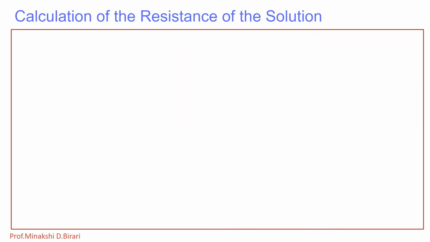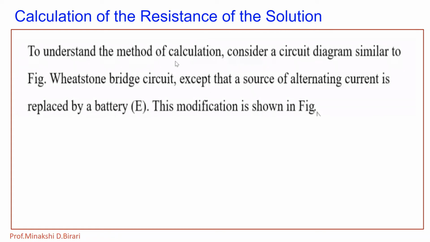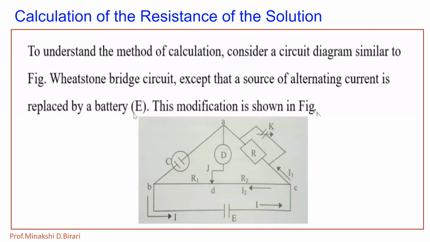Then let us see calculation of resistance of the solution. To understand the method of calculation, consider a circuit diagram similar to that figure which is observed for Wheatstone bridge circuit, except that a source of alternating current is replaced by a battery E, and this modification is shown in this figure.